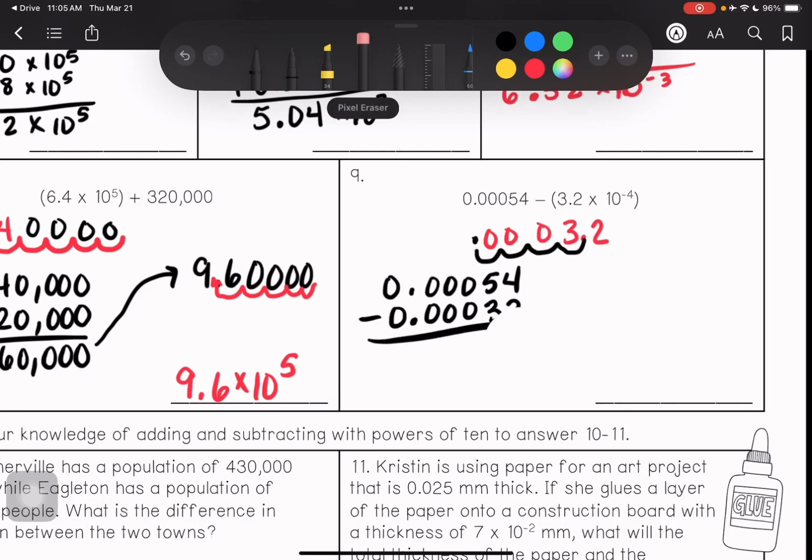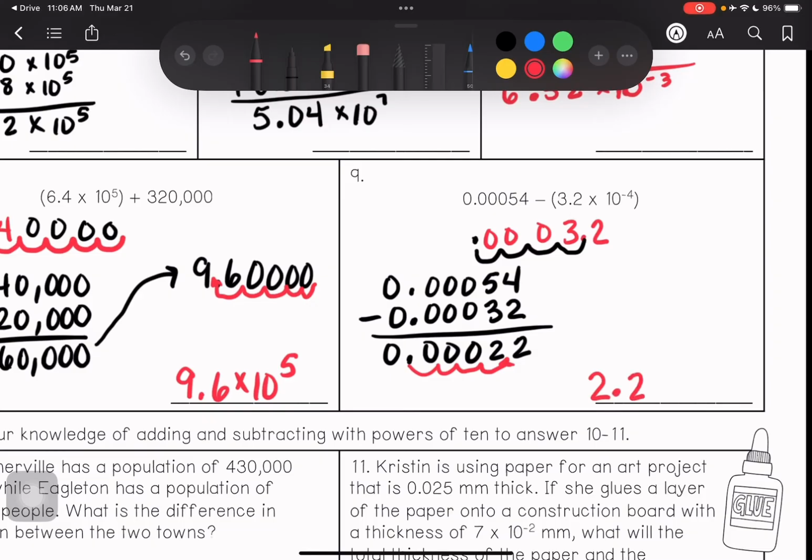So that gives me in the place value 2, 2, 0, 0, 0 in my decimal. So in order to make this into standard scientific notation, I need to move the decimal over 1, 2, 3, 4 times. So because my number was less than 1, it's going to be to the -4 power.